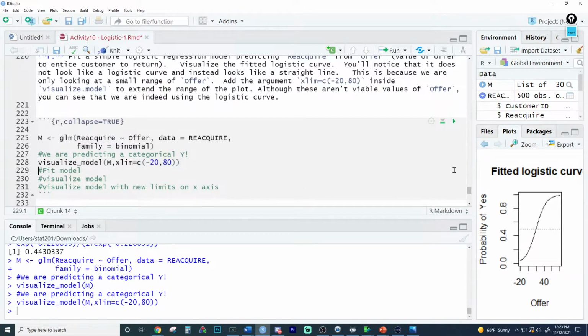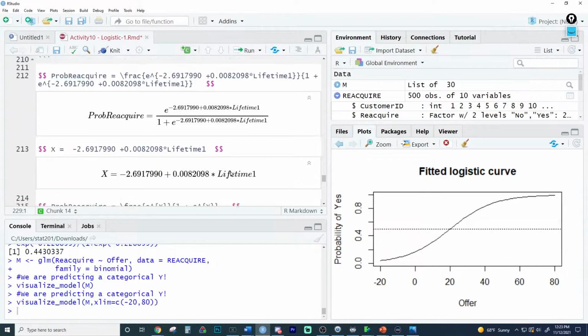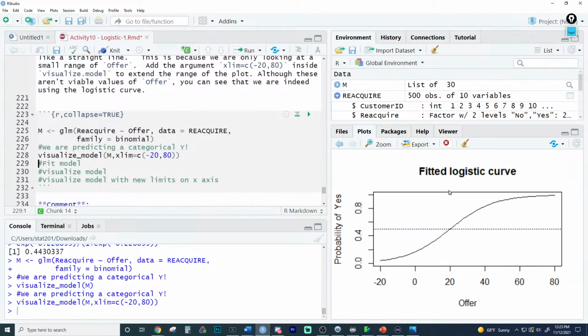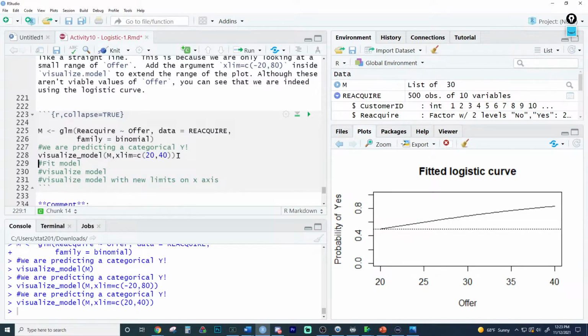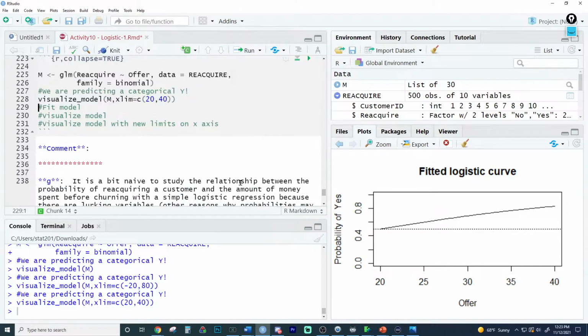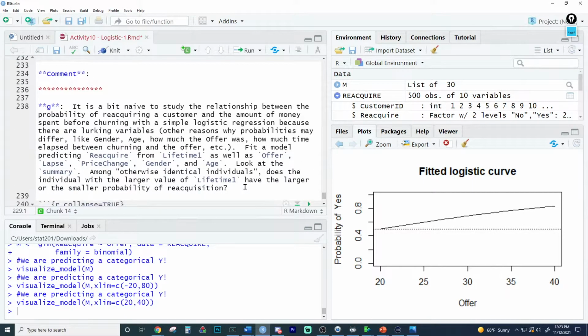Now, we don't have values to -20, but this is, of course, the logistic curve. But when you zoom in on it, like if you zoom in on a value between 20 to 40, you're going to see what looks like a flat line right there. So once again, zooming in on it right here, between 20 to 40, you would see the flat line right there, which we don't really care for.